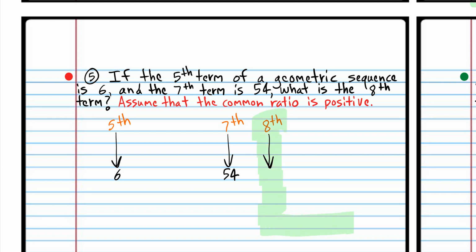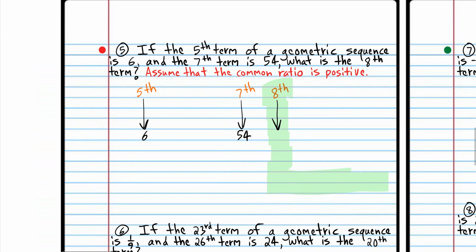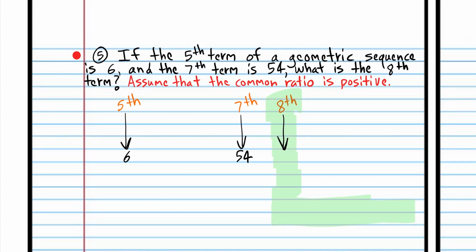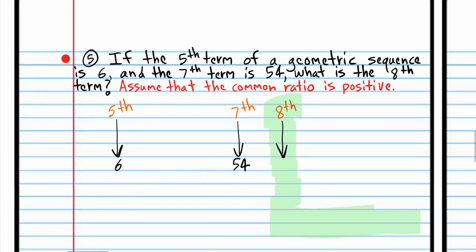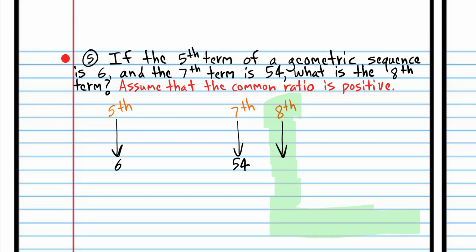Again, you don't have to write all this out necessarily. Now, this is a geometric sequence, so instead of adding some constant number to get to the next terms, you're going to be multiplying some constant number to get to the next terms.